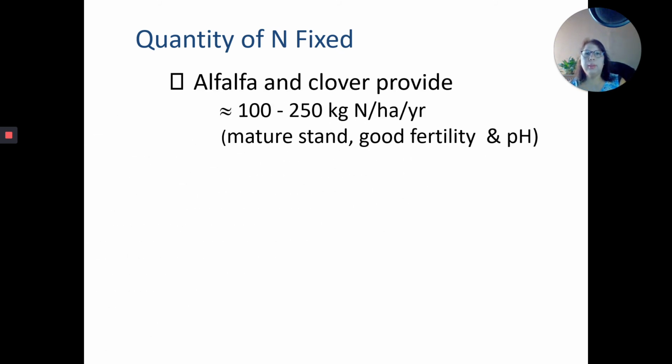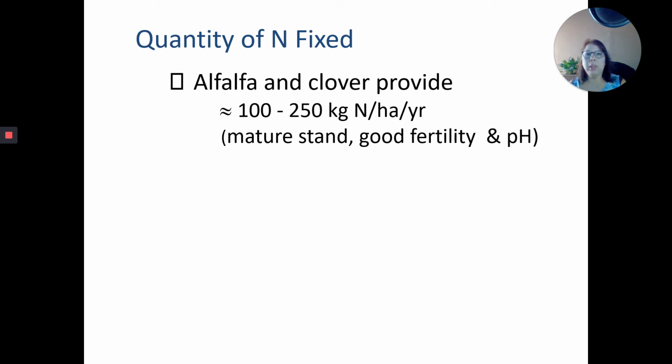This is the performance of alfalfa and clover in terms of fertilization. Usually, in order to guarantee a good pH or acidity and fertility of the soil, it should be supplied with 100 to 250 kilograms of nitrogen taken from alfalfa and clover.